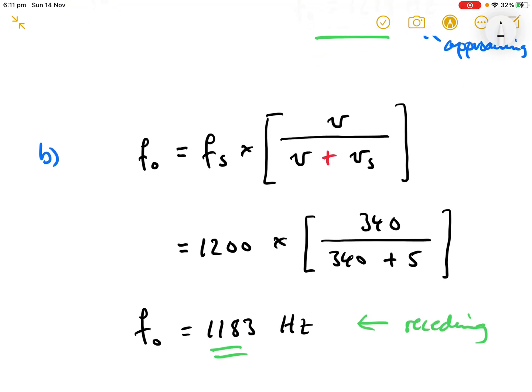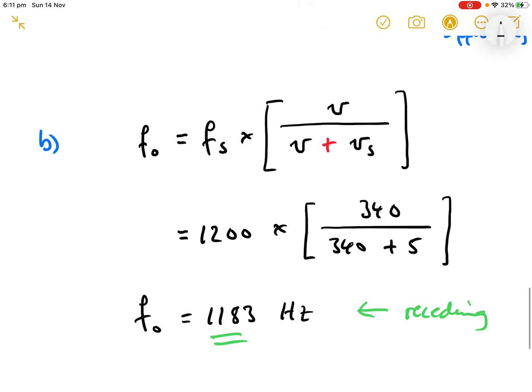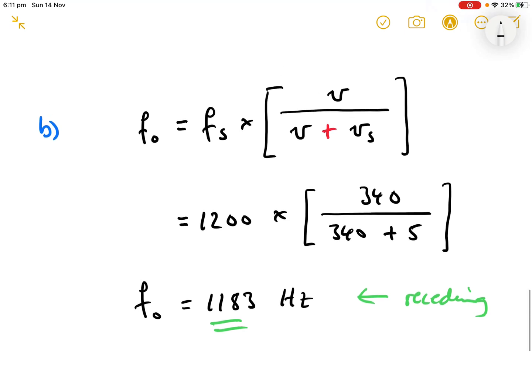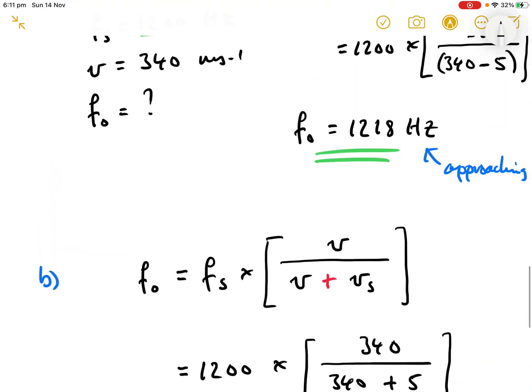Put in my numbers, 1200 times 340 over 340 plus 5, and that gives me a slightly lower observed frequency of 1183 Hertz. That's the receding frequency, a little bit less than the 1200 Hertz rest frequency as expected.